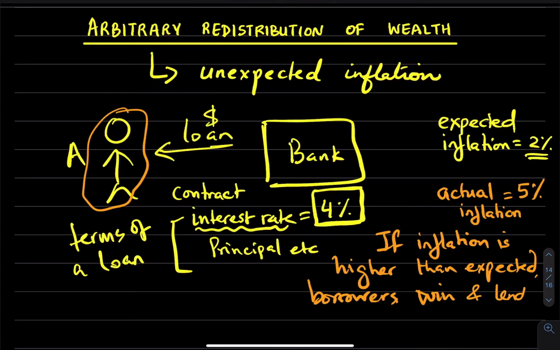And lenders lose. Okay, this is to say that borrowers would gain at the expense of lenders, and there will be a redistribution of wealth from the bank, who's the lender, to the borrower. Okay, so this happens when inflation is higher than expected, and you can think about a scenario when inflation is lower than expected. The redistribution would be from borrowers to lenders. Okay, so borrowers would lose and lenders would win.